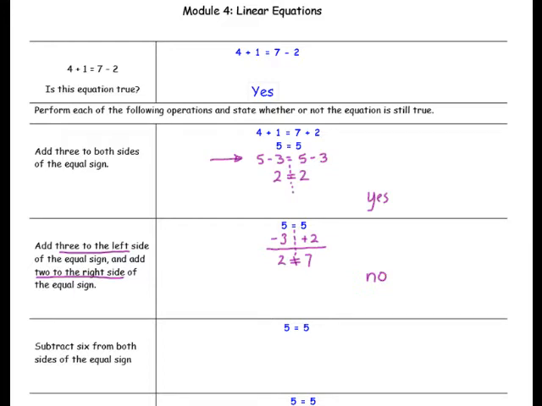Next, subtract 6 from both sides of the equal sign. So I'm going to subtract 6 from both sides. 5 take away 6 is negative 1. 5 take away 6 is negative 1. These values are equal, and the answer is yes.